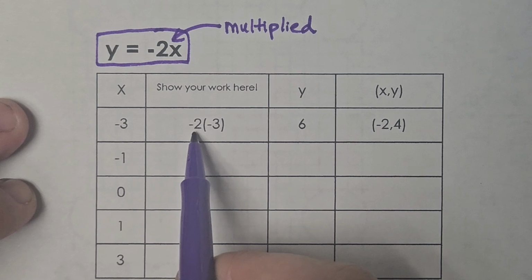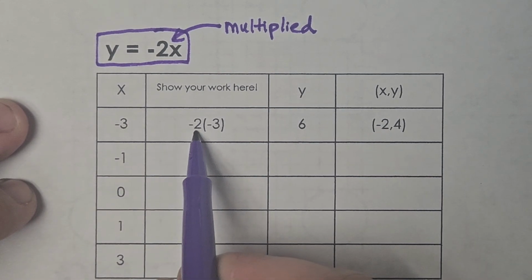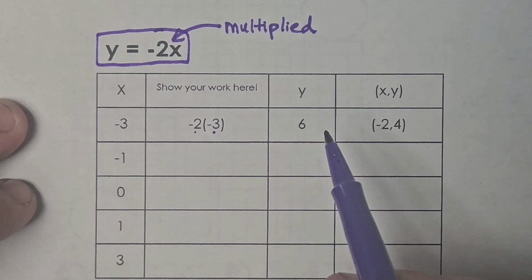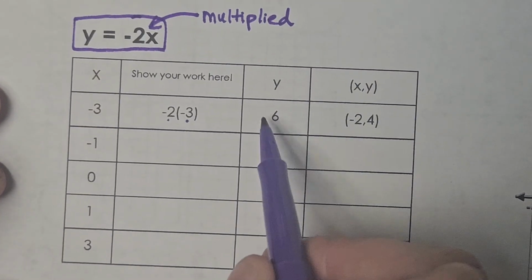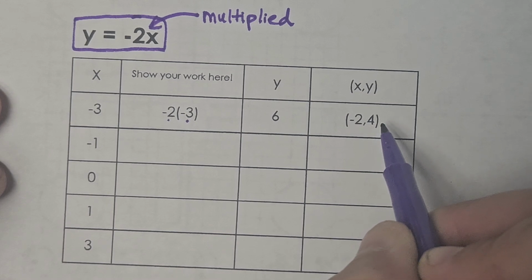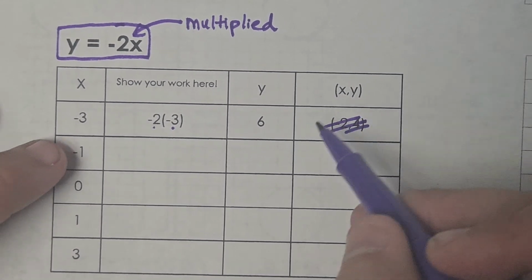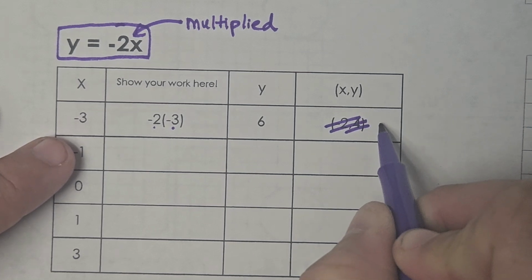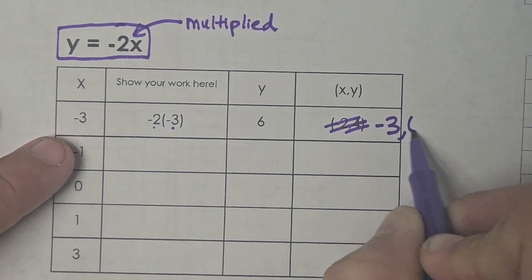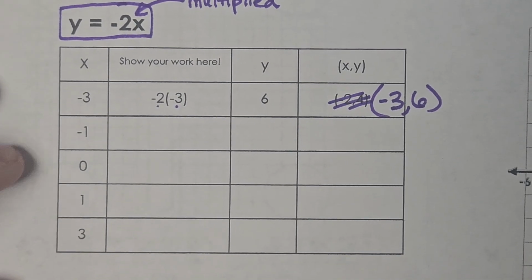So I took -2 and I multiplied it by my x value, which is -3. So -2 times -3, again, use a calculator if you can't think of it, but it should be +6. And this is wrong right here. So this coordinate point should be -3, 6. -3, 6.